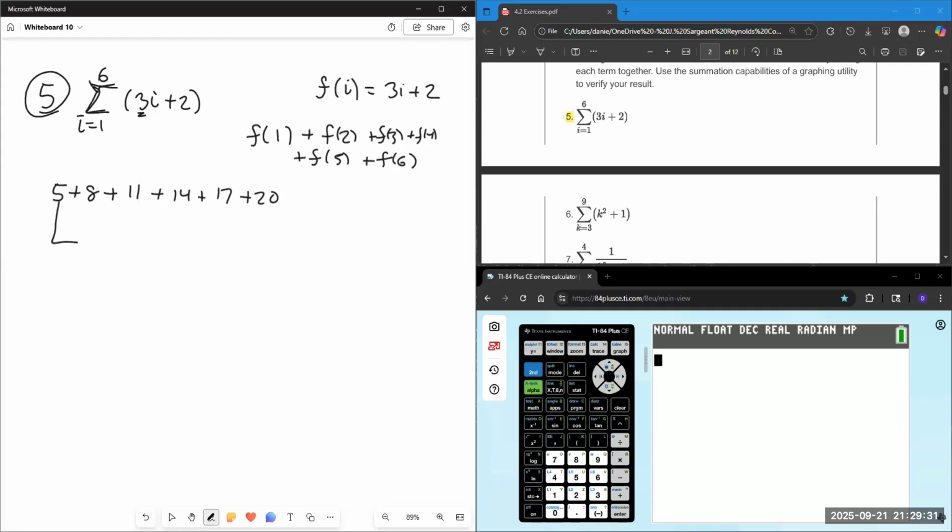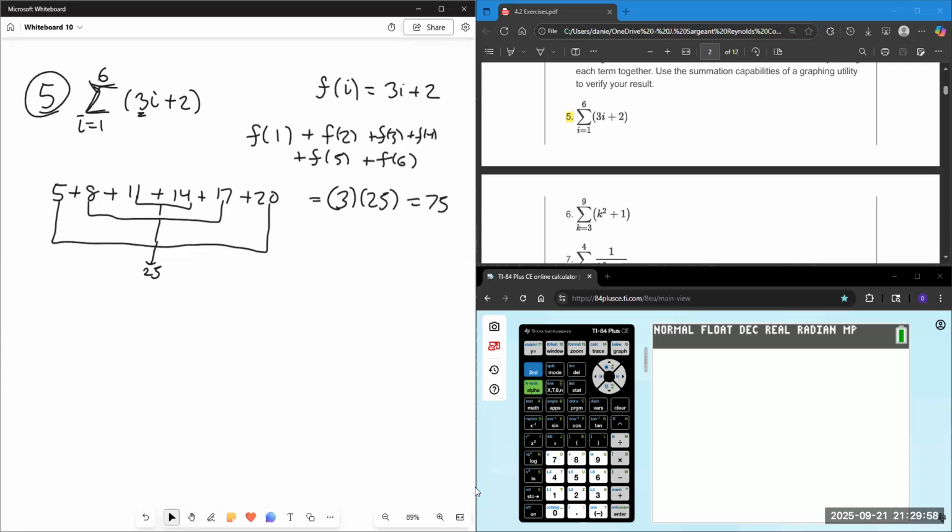So notice that lots of times in these types of series, these things that I'm grouping together here will all add up to be the same number. They'll all add up to be 25 in this case. So I have 3 sets of 25. So my answer is 75.